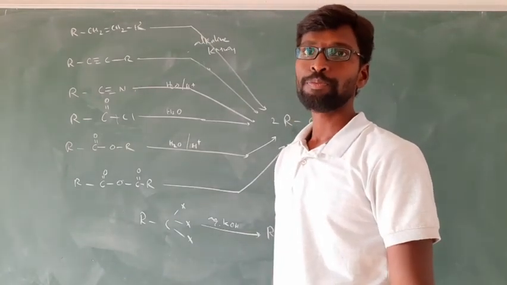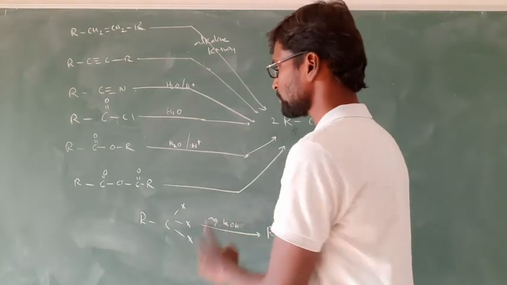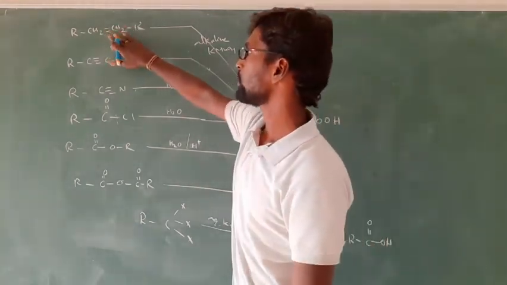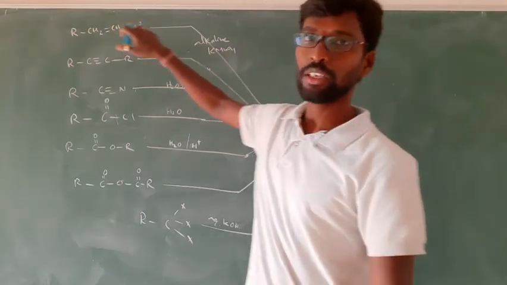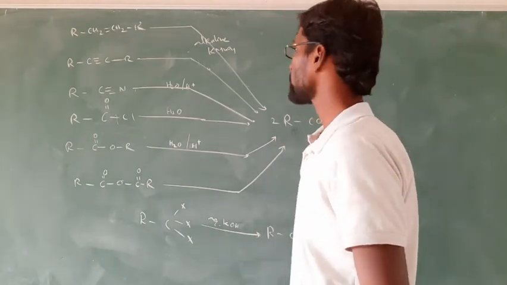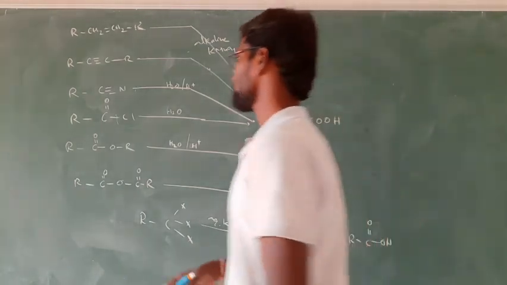We will discuss now. These are the simple methods, hydrolysis concepts. But here this is alkaline KMnO4. By treating with alkaline KMnO4, you will get carboxylic acids.